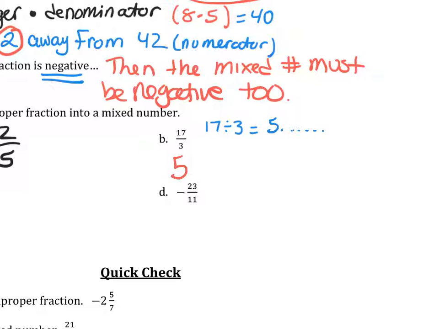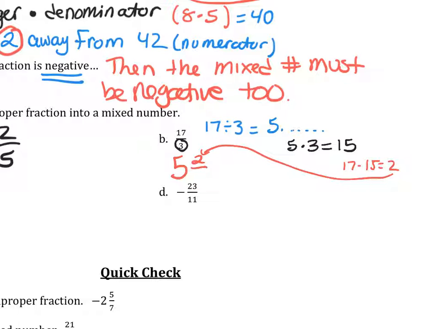So 5 is our integer. And then we take that 5 times our denominator, which is 3. Gives us 15. And how far away from 15 is 17? 2. Yep. So you can do 17 minus 15. Gives you 2. So 2 becomes our numerator, and the denominator stays the same.